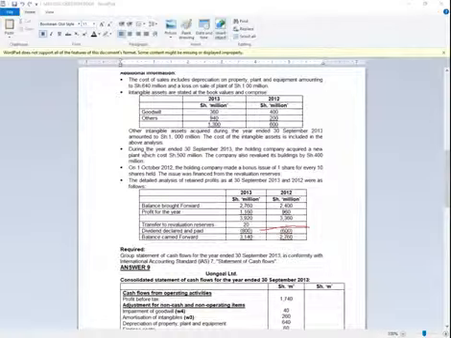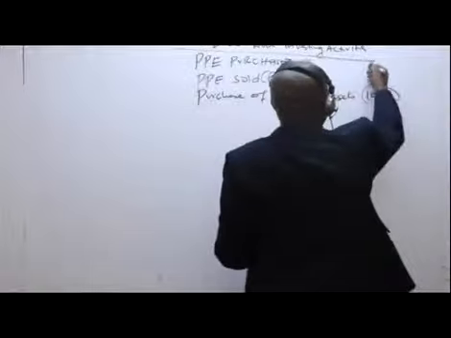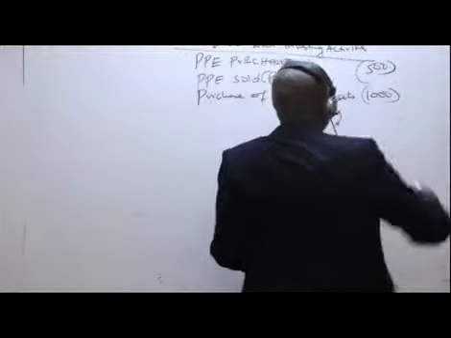Now, when you read this next statement, during the year ended 30th September 2013, the holding company acquired a new plant. This is PPE acquired, costing 500. So where I have property, plant, and equipment purchased or acquired, I'll come and put 500 in brackets like that.